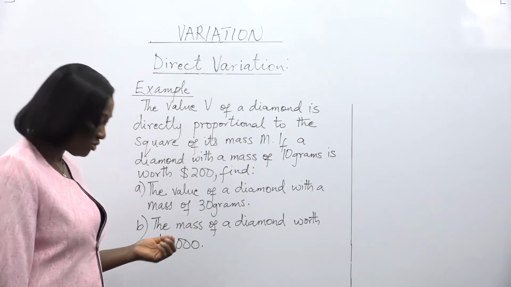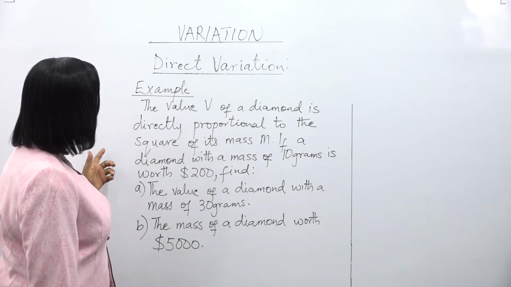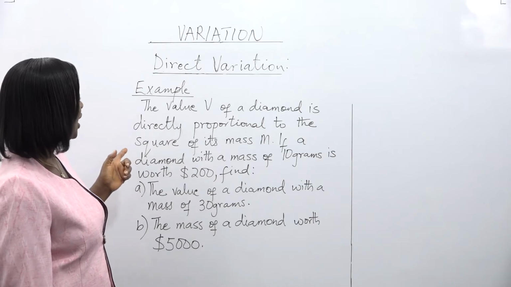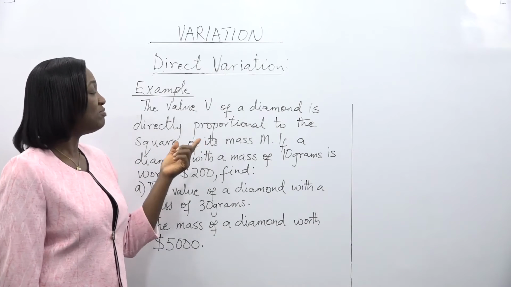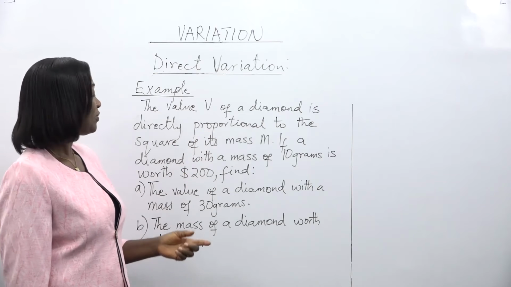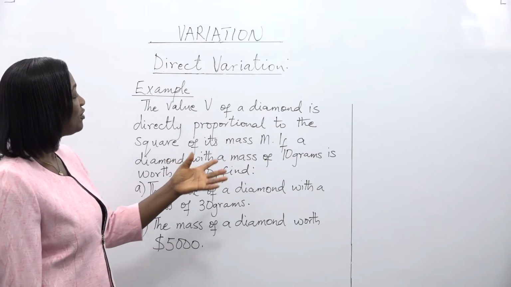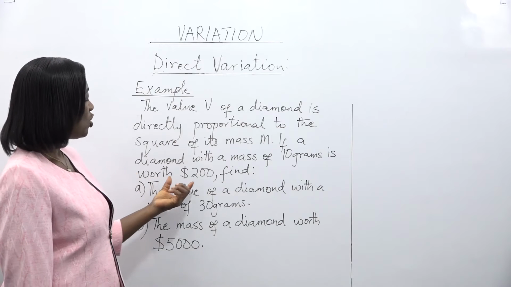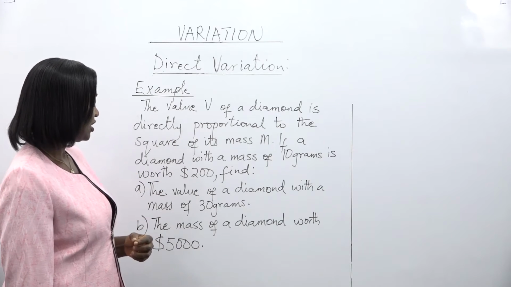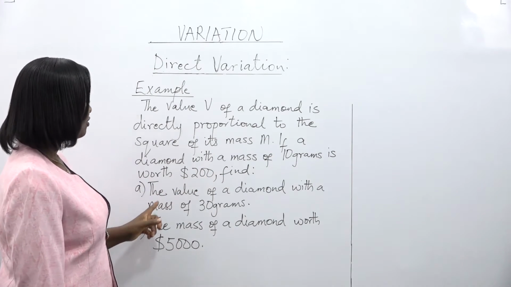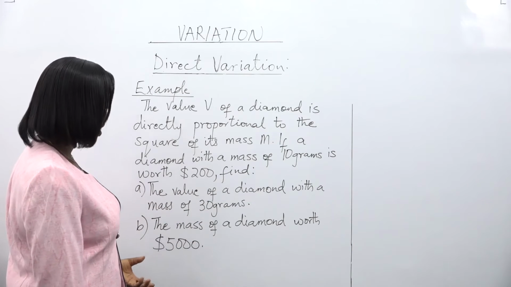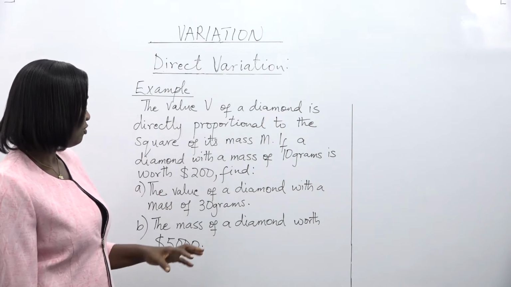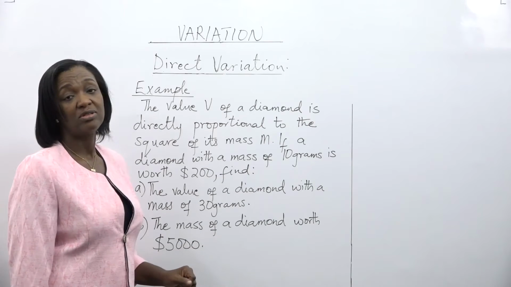Let's look at this example. The value V of a diamond is directly proportional to the square of its mass, M. If a diamond with a mass of 10 grams is worth $200, find A, the value of a diamond with a mass of 30 grams, and B, the mass of a diamond worth $5,000.